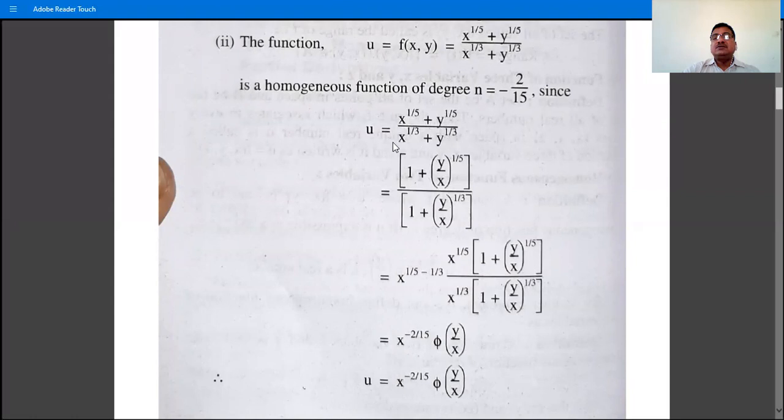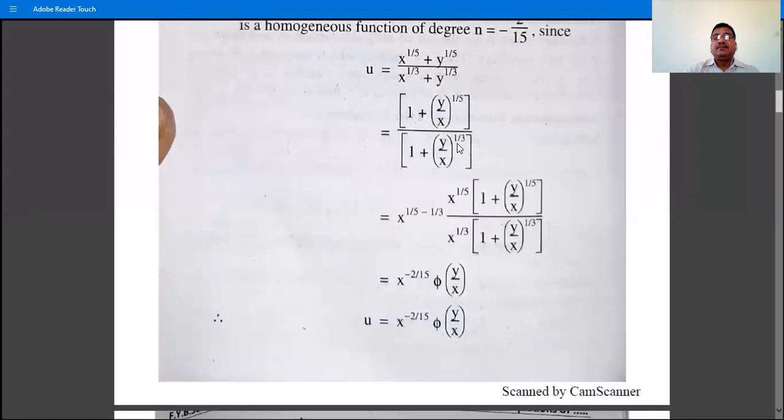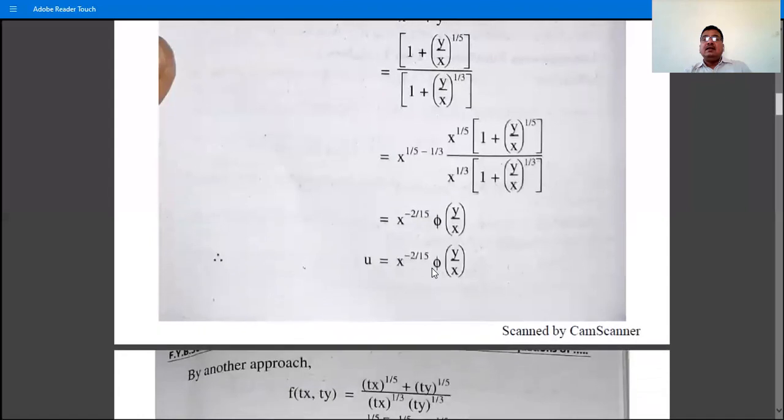And if we take x raised to 1 by 3 common, we have in the bracket 1 plus y raised to 1 by 3 divided by x raised to 1 by 3, meaning y by x raised to 1 by 3. Then in the next step, x raised to 1 by 5 divided by x raised to 1 by 3 is x raised to 1 by 5 minus 1 by 3. Taking LCM 15, 3 minus 5 is minus 2, so it is x raised to minus 2 by 15.